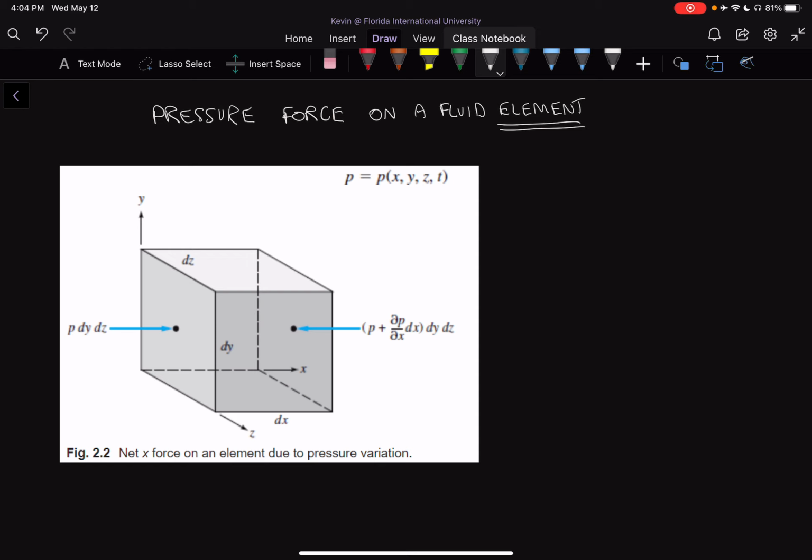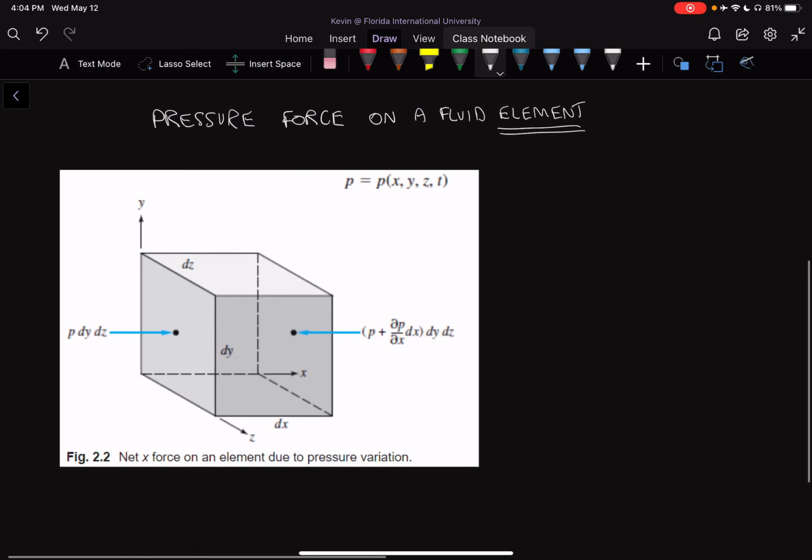The first thing we can say is that pressure is a function of x, y, z, and time.